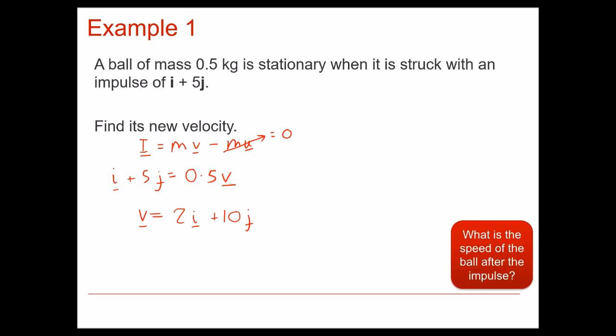It's possible that we might sometimes also be asked to find the final speed. So in that case, I would just find the speed, and I can write the speed using v without an underline, because then that's indicating that it's a scalar. And because these are the 2 components, horizontal and vertical components, we can combine those using Pythagoras' theorem and find that the speed is the square root of 2 squared plus 10 squared.